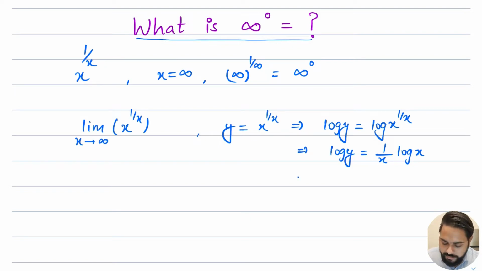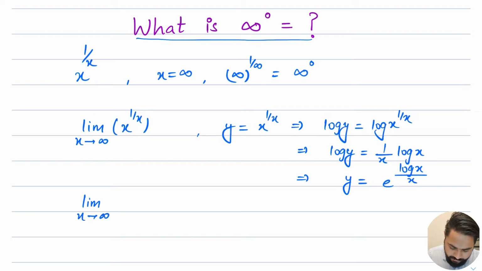Now taking anti-log on both sides, we get y equal to e raised to the power log x over x. Now we can substitute the function x raised to the power 1 by x by e raised to the power log x over x. So I am writing this as limit x tending to infinity of x to the power 1 by x as limit x tending to infinity of e to the power log x over x.